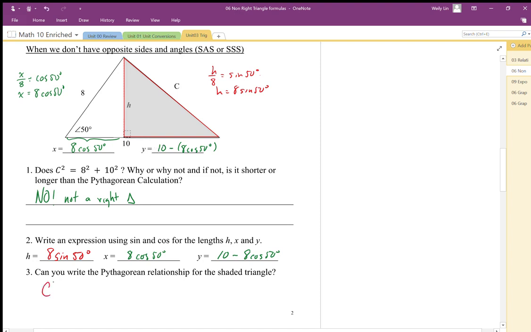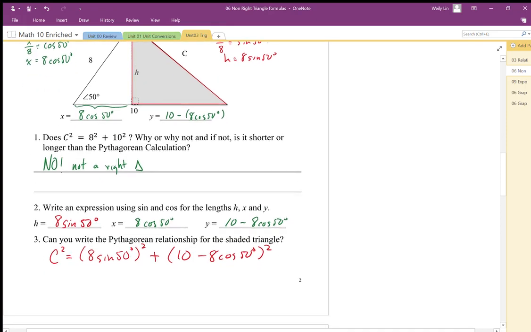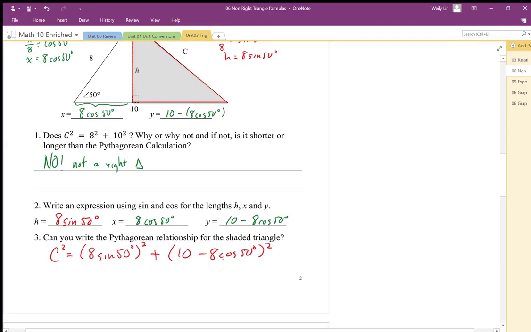So c squared is equal to h squared, which is 8 sine 50 degrees squared, plus y, which is 10 minus 8 cosine 50 degrees squared. So a squared plus b squared equals c squared. We can just leave it like that, but we can also expand this out and see what it looks like.